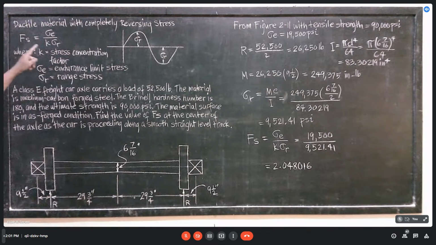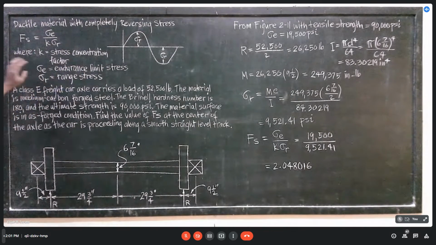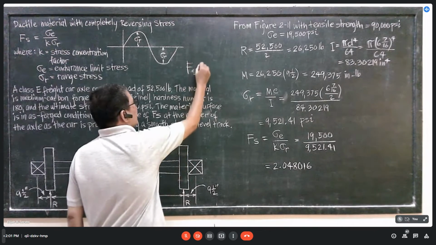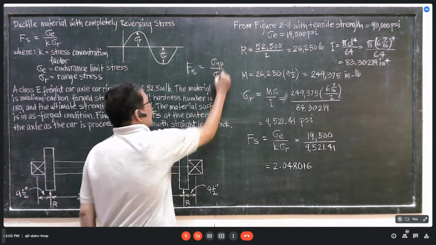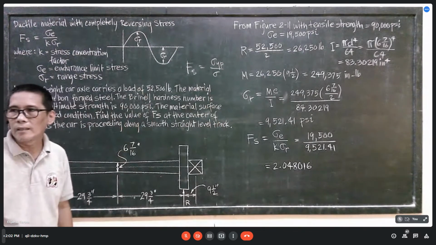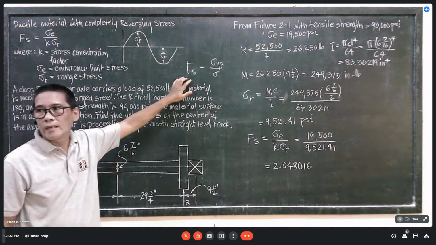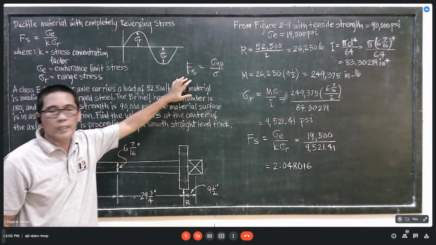For ductile materials with completely reversing stress, you will find out that initially, with steady, if you can remember, the factor of safety for steady is yield point over the actual stress. This is for steady, ductile materials.